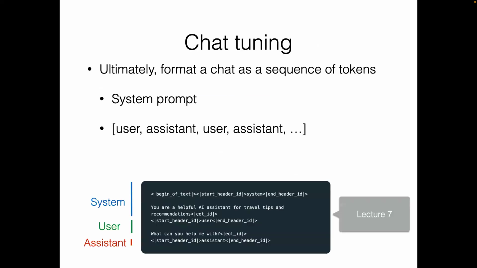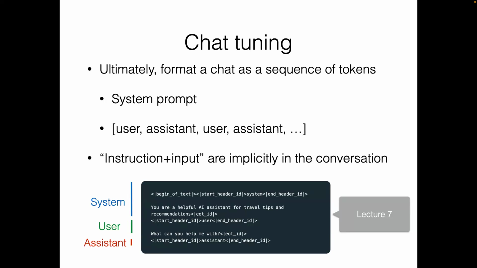So here, as we saw in the previous lecture, we can treat one of these chat conversations as basically just a sequence of tokens. You have some system prompt, and then you have this possibly alternating conversation between a user and an assistant. So the question is basically, how do we get this data so that we can train a really general purpose chat assistant?